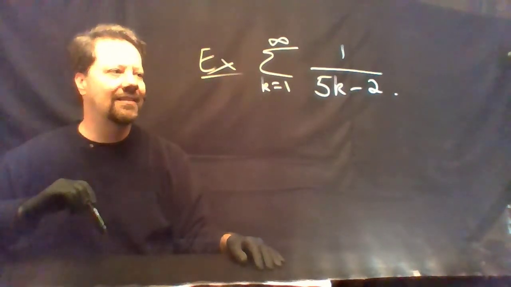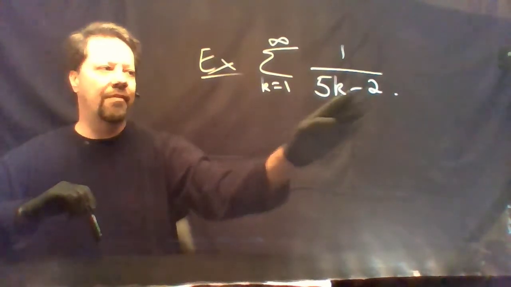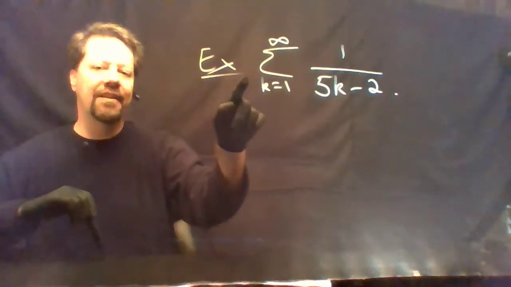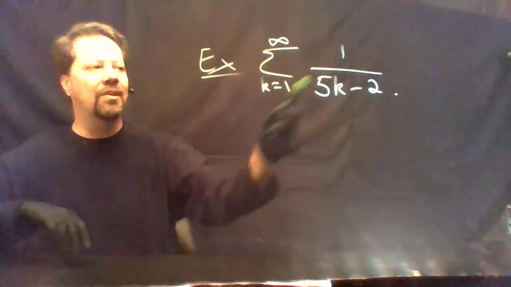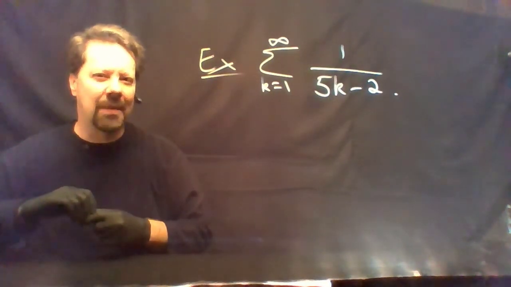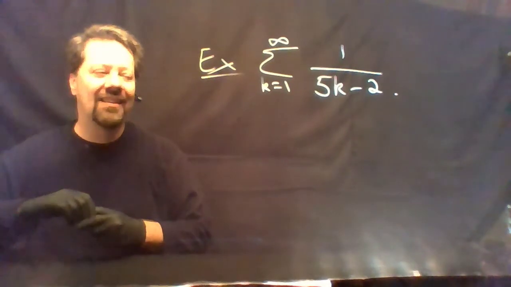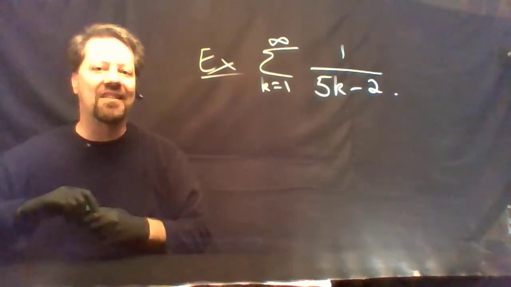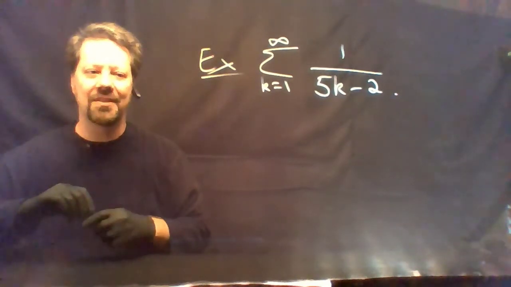Just ignore it. But what about the 5? If you've ignored the 2, can't the 5 come out as a factor of 1/5? And then, aren't we just looking at the sum of 1 over k? Isn't that the harmonic series? I suspect that this diverges. It diverges in the same way that the harmonic series diverges.